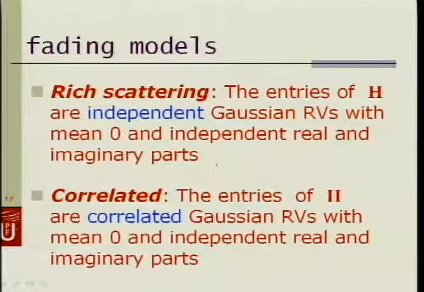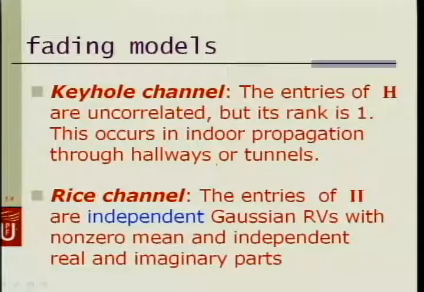This is a valid model in a propagation situation in which there are a lot of reflections and the space between antennas is large enough that we can assume there is no correlation among the antenna inputs and outputs. The other model assumes that there is some correlation among antennas, and so the entries of H are still Gaussian random variables but correlated. Or we may have a Ricean channel, in which we have independent Gaussian variables but the mean is non-zero, or a keyhole channel.